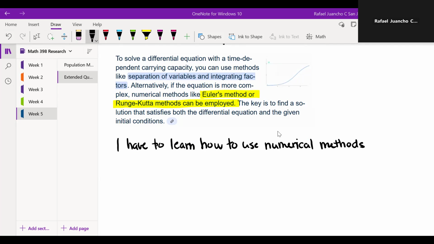It's either that. Yeah, because I don't think we can solve this analytically. And then what else can I say?